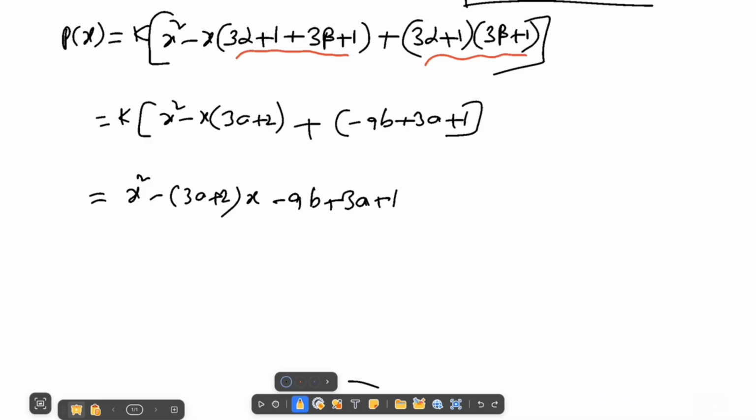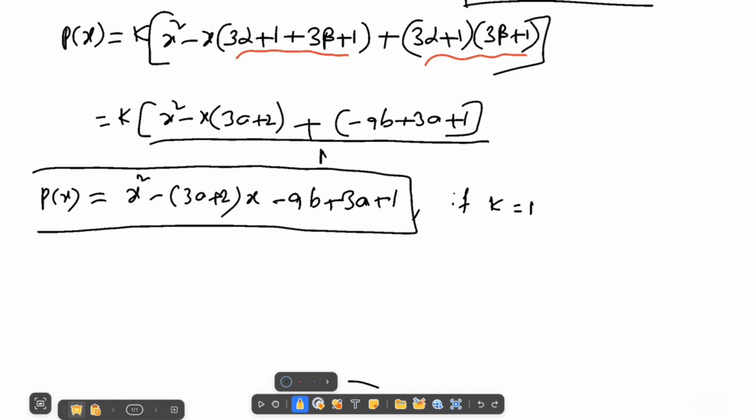So this is the required quadratic polynomial if k value is 1. Here we don't have any denominator except 1, so if k value is 1, then this is the required quadratic polynomial that we need.